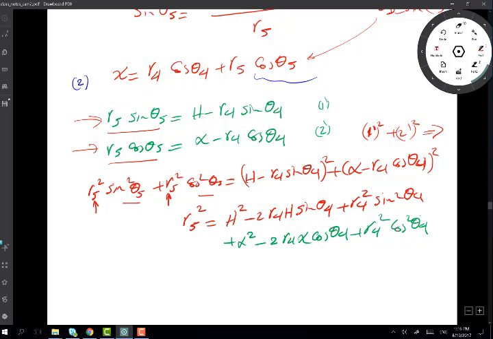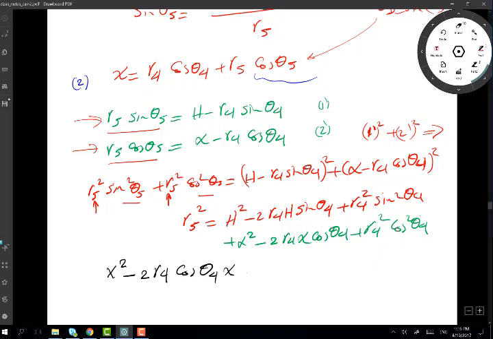So I have x squared, minus 2 R4 cosine theta 4 times x. Now I'm trying to get a quadratic in x here.